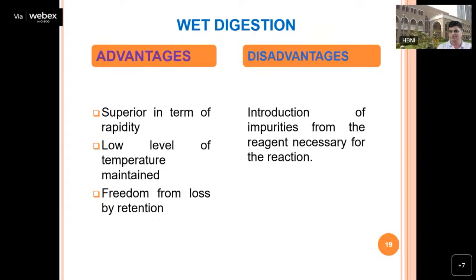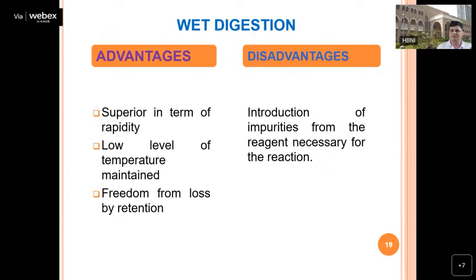Once you have this mixture, about 100 or 150 degrees centigrade is good enough for destroying even a silicate or an organic matrix. And there is freedom from loss by retention, because the walls of the container are always in contact with your acids, so there is less chance that any of your element of interest gets adsorbed on the walls of the vessels.